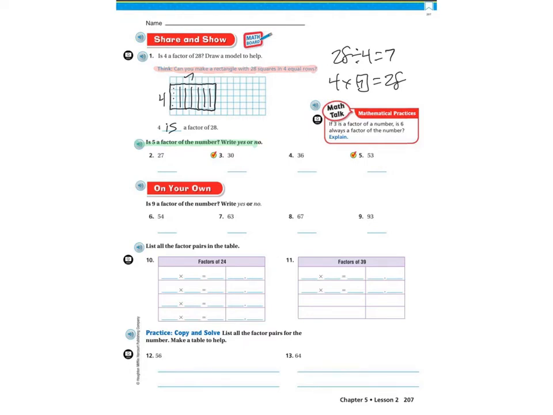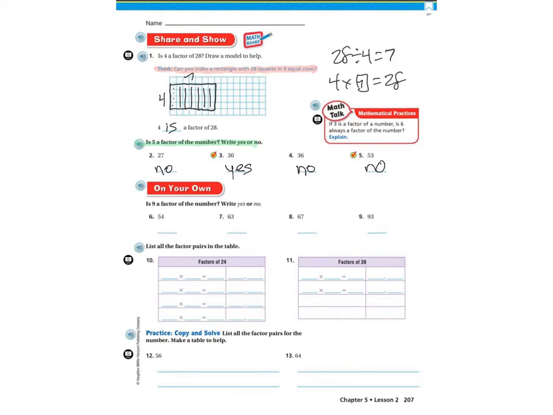So I'm looking at these. 27 does not have a 0 or 5, so that's a big no. 30 does have a 0 or 5, and I know 5 times 6 gets me 30, so that's a big old yes. 36, nope, that's not a 0 or 5, so that's a big old no. And same thing with 53. It's not a 0 or a 5, so that's a big old no.